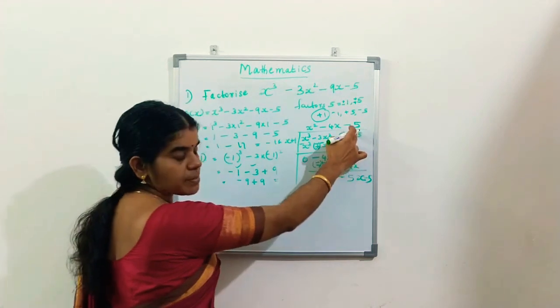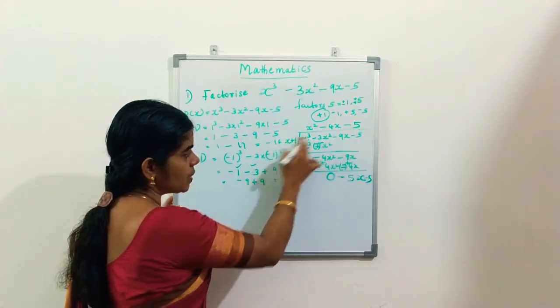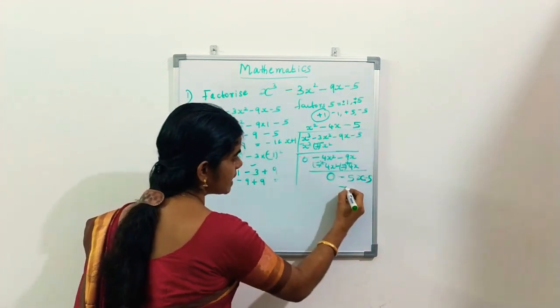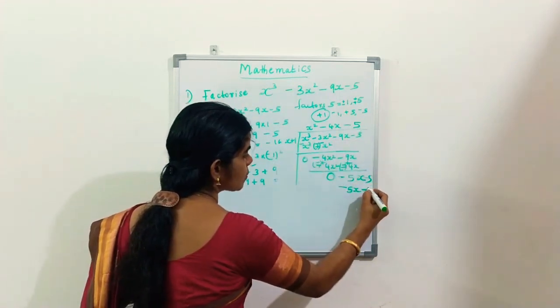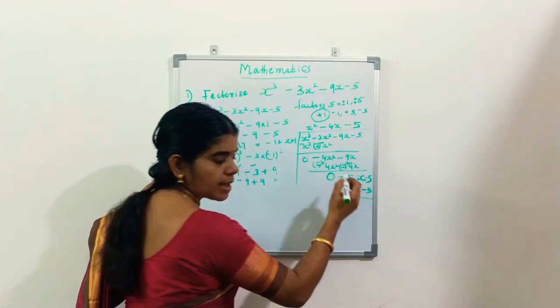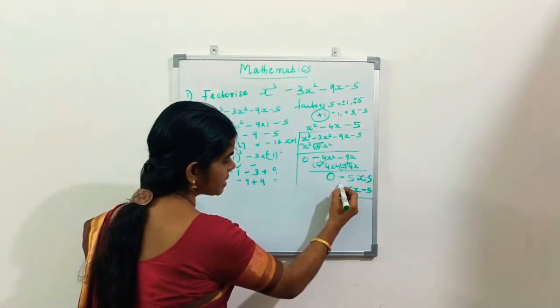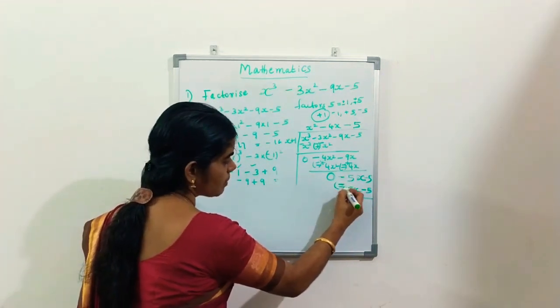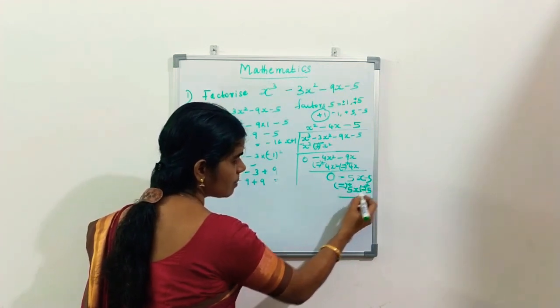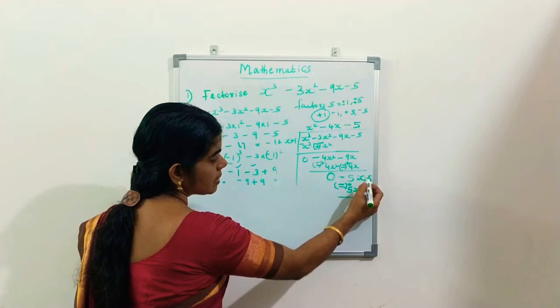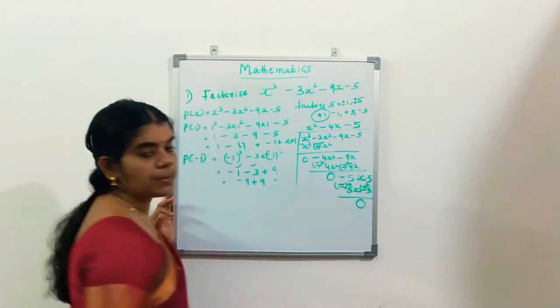Then using this minus 5 we want to multiply these two. Minus 5 into x is minus 5x. Minus 5 into plus 1, that also will be minus 5. Then again after division subtraction will come. This will become plus, this also plus 5. Therefore the remainder you got 0.